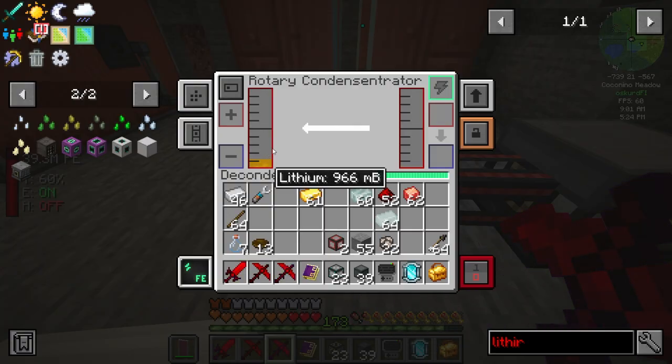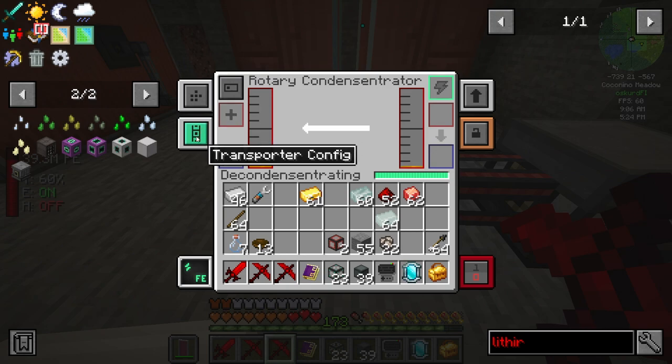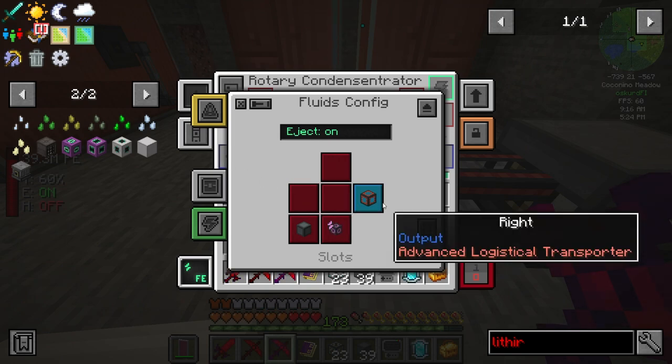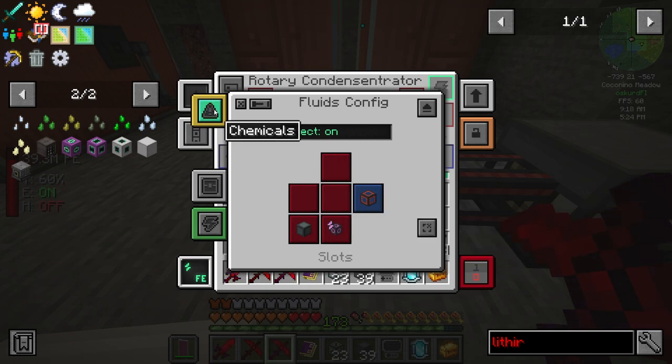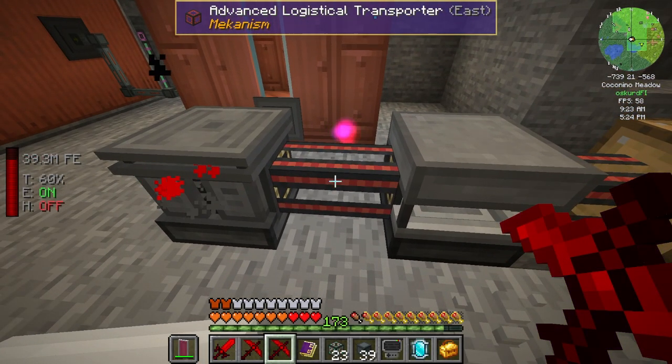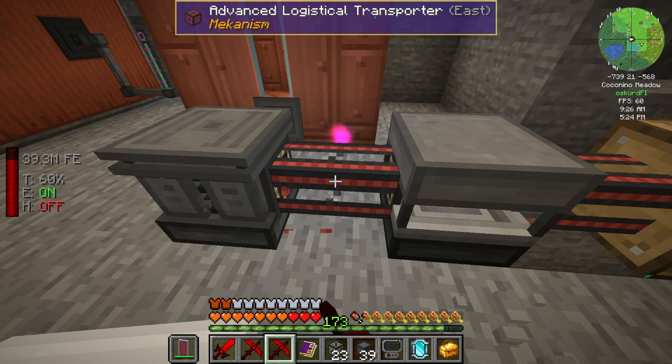It's not. I'm so confused. Are we now talking about chemicals or liquids? Well, both of them are outputting on the right, which should be, this should be a liquid pipe.